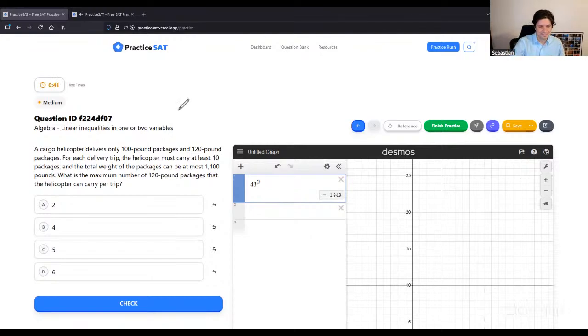So let's say x plus y has to be greater than or equal to 10. 100x plus 120y has to be less than or equal to 1,100.